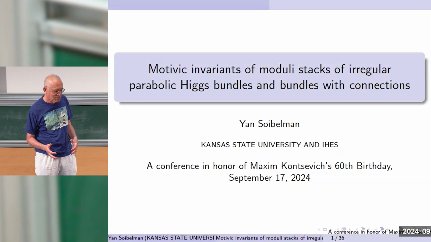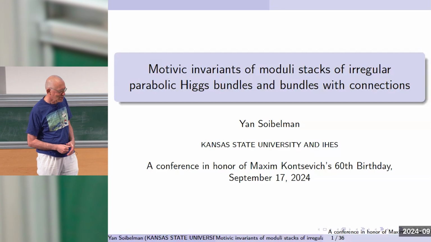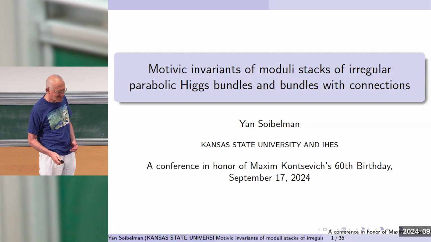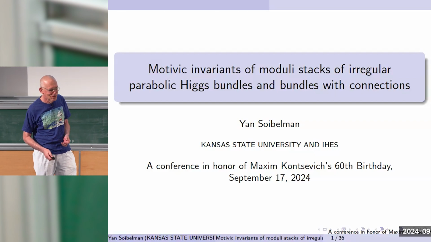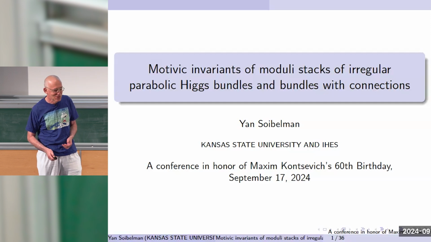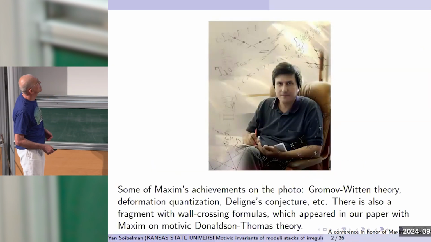And when preparing the slides, I thought about some visual image, some picture, which on one hand demonstrates Maxim's broadness, and on the other hand is somehow related to the subject of my talk. So that's a photo.